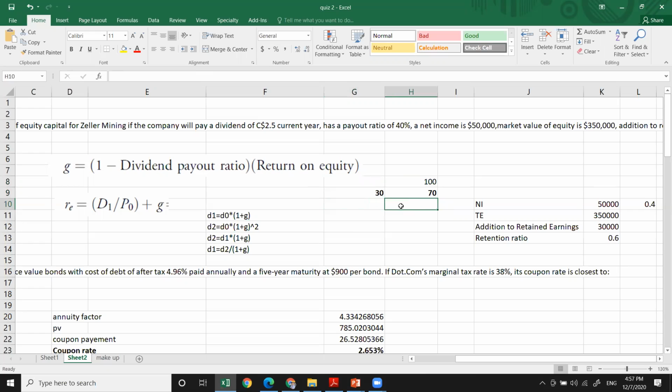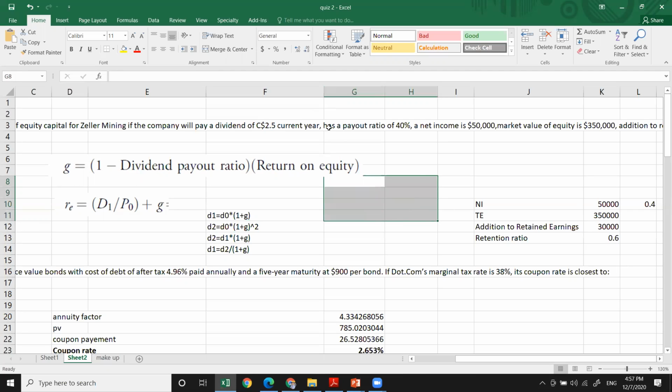And ratios are found in this way: 70 divided by this, which is 70%. And automatically, the remaining part will be the retention ratio. So I'm very sorry, payout ratio. Yes, got it. Yes, it was in the accounting course. I remember. Okay, thank you so much. I'm really happy that you remember.